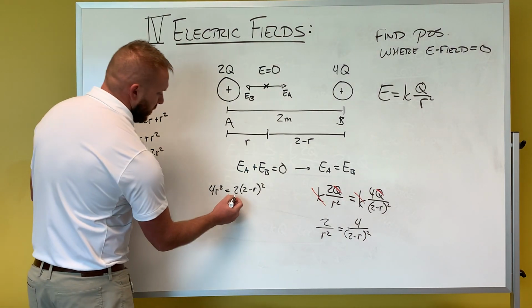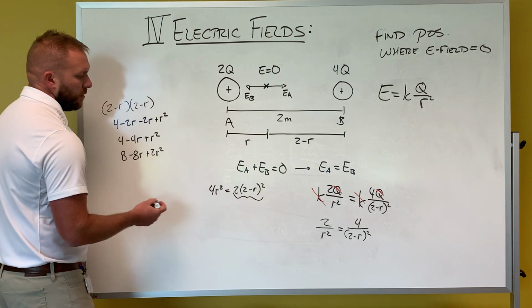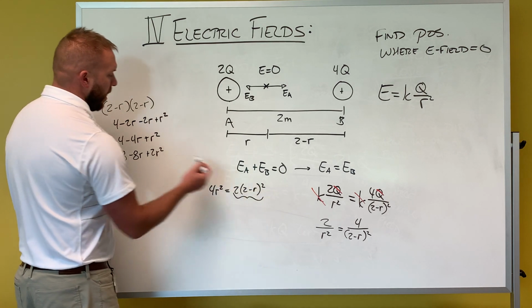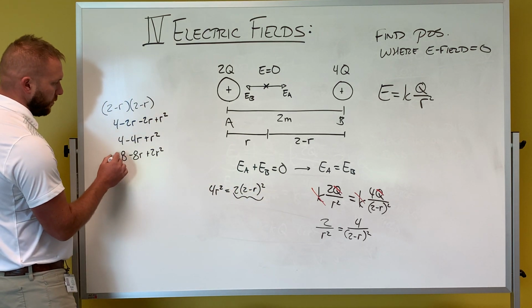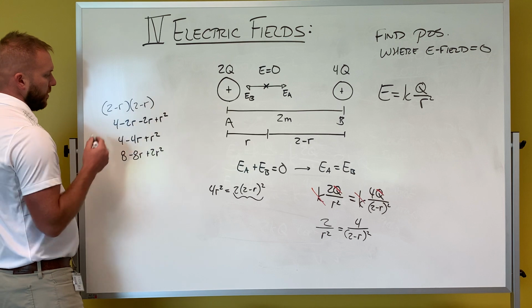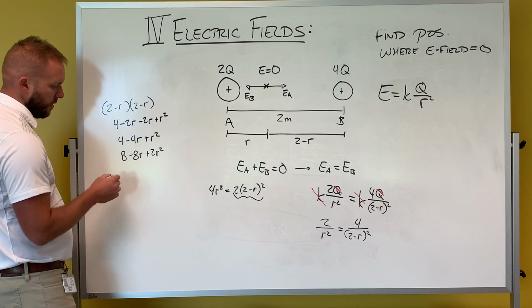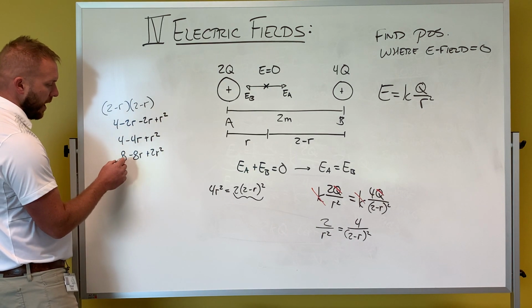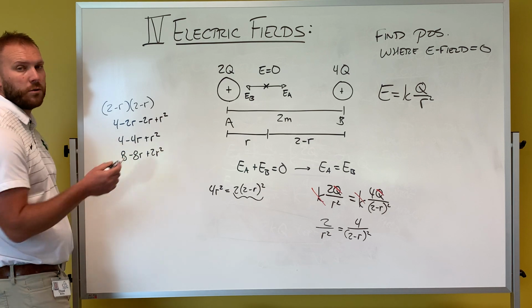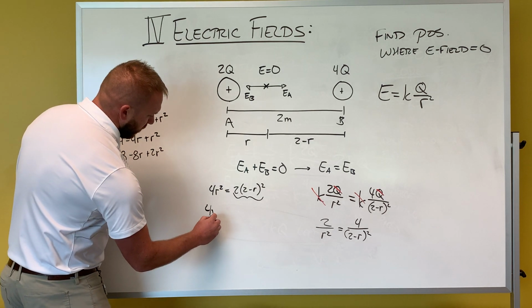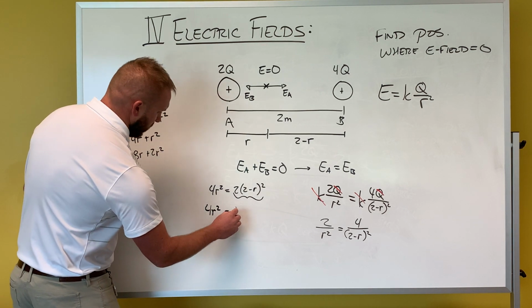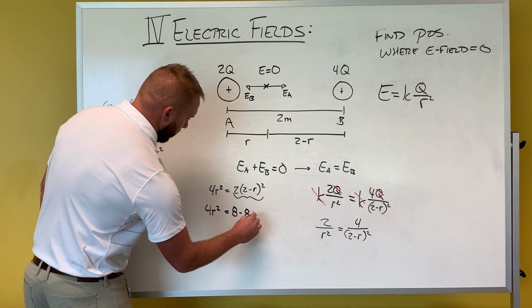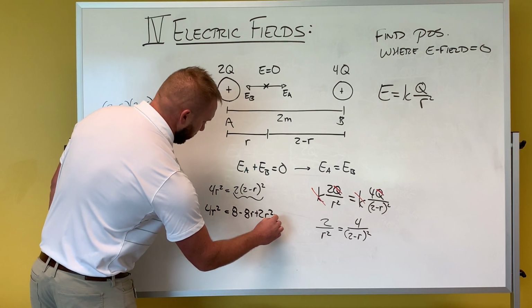Now what I can do is this, obviously it's going to get a little ugly here, but I can FOIL this out, right? I'm going to do 2 minus r times 2 minus r, and I can work through that process, and I'm going to end up with 8 minus 8r plus 2r squared. So I'm going to get 4r squared equals 8 minus 8r plus 2r squared.